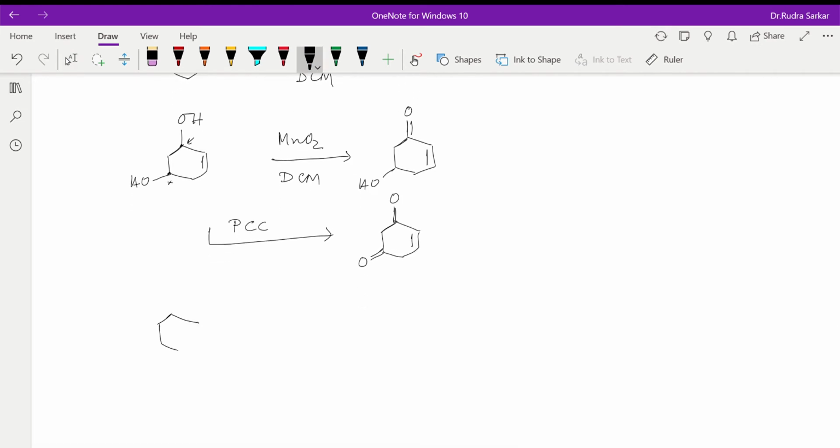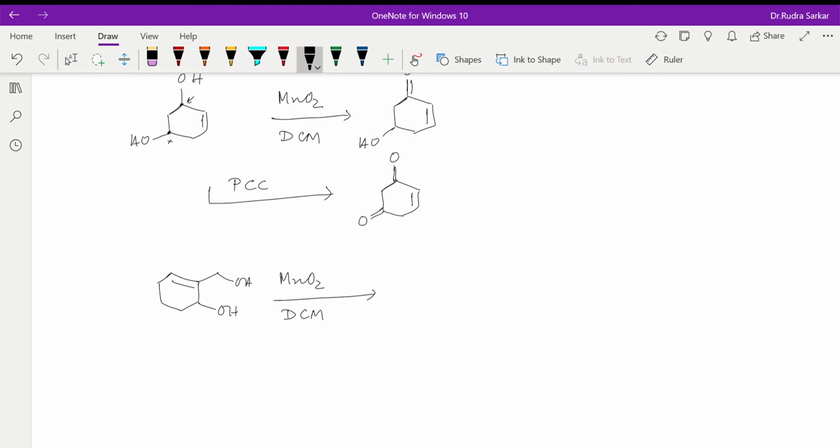Okay. Let us take another example. Say I have given you this one, and you are using MnO2 in the presence of DCM. Then both the alcohols, this one is primary, but this one is secondary. This is secondary and this is primary.